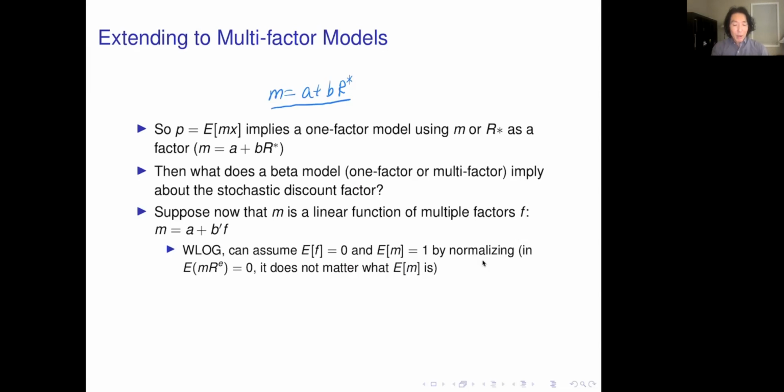But it's more likely that the stochastic discount factor can be proxied by multiple factors. So F is a K-factor vector, and this is going to be a K-factor model.